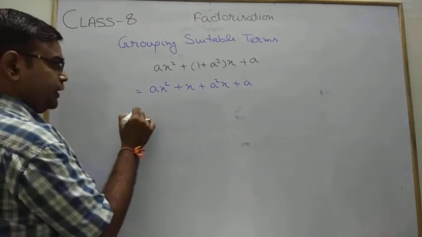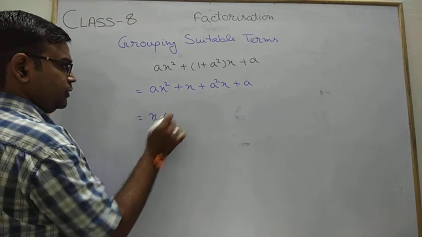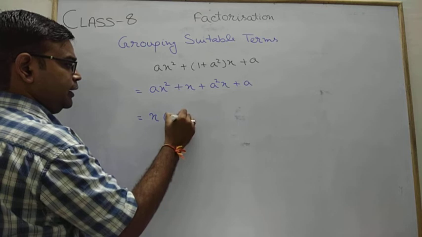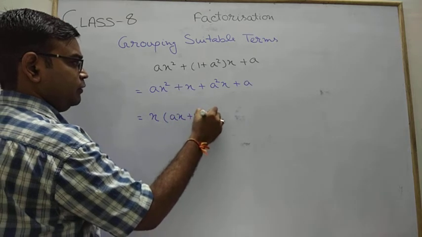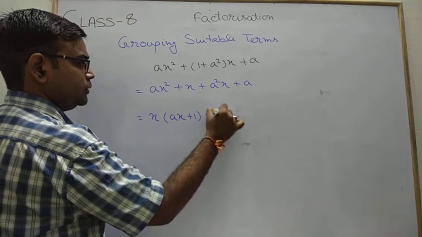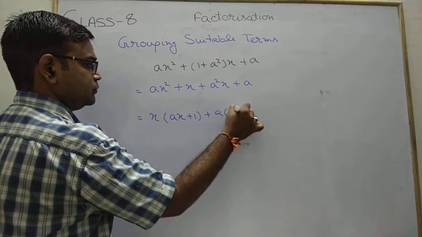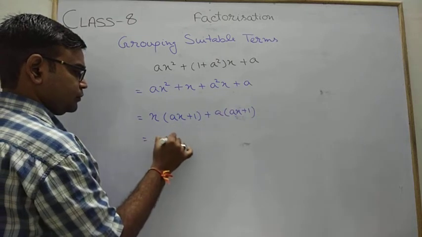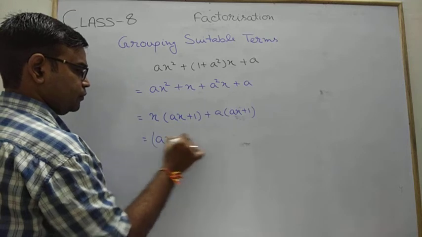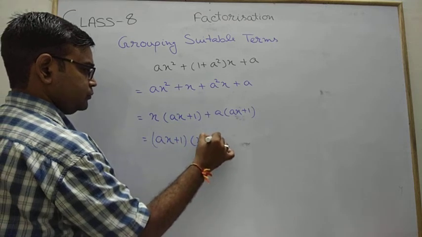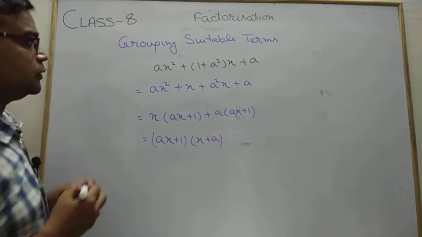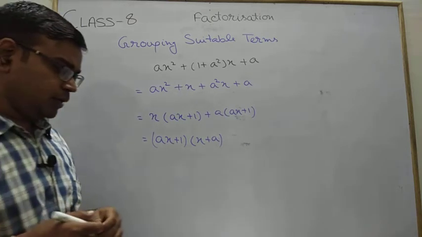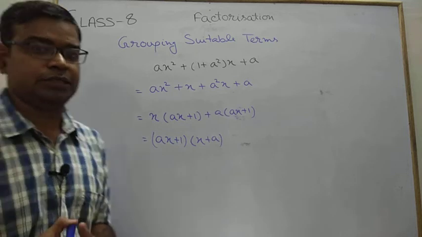From these two we can take x common. So we have a and x + 1. From here we can choose a common. So ultimately, clear? This is your solution of this question. Today's last question, then I give you some task.